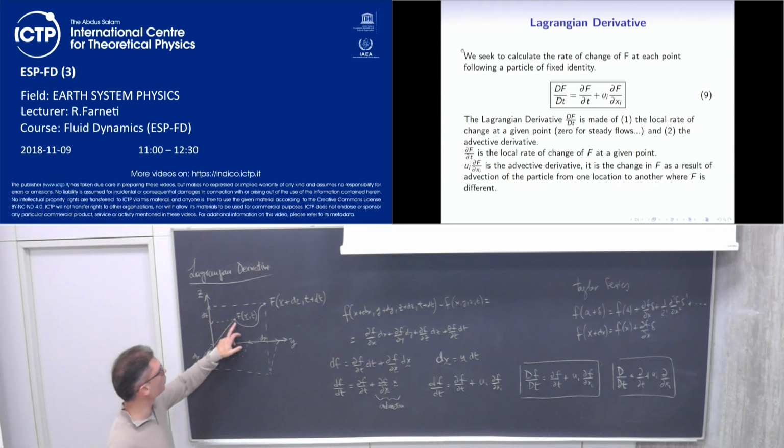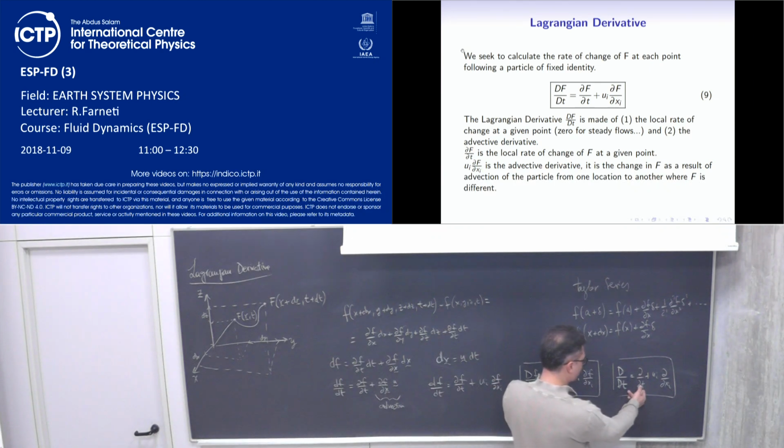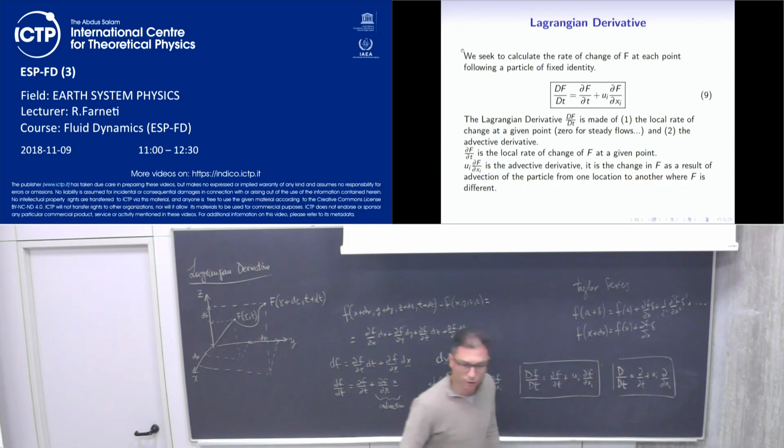The particle has moved from one location to the other because of some advection process by the background flow. So you're both, in an Eulerian way, looking at the change in time of your characteristics, and you're also following, Lagrangian-wise, the fluid particle. So the Lagrangian derivative is doing both.